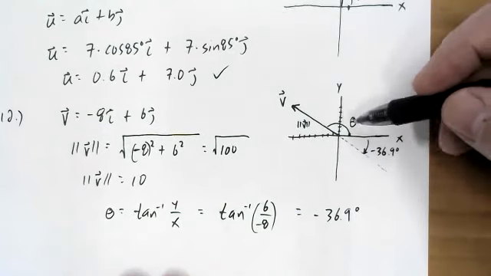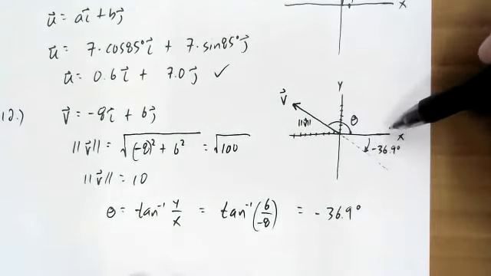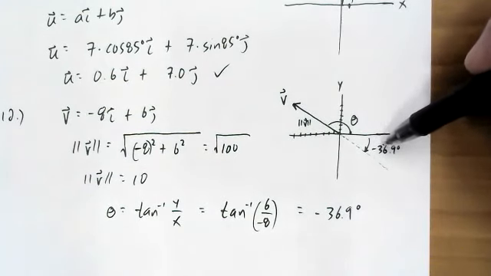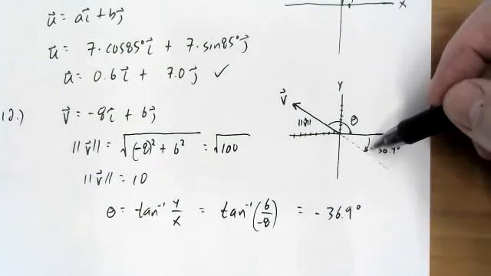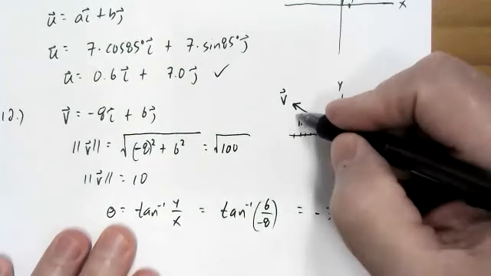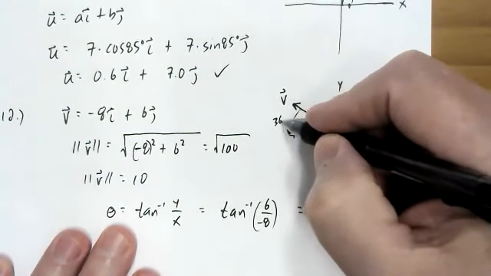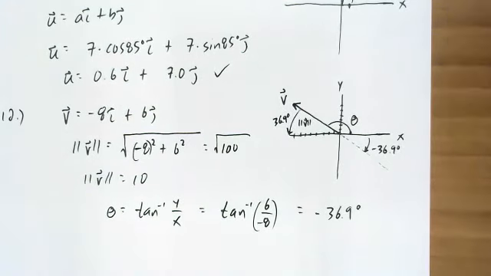This is not the angle. They want the angle to be a positive number. But the thing is, this becomes like a reference angle. And by that, I mean this angle here is actually the same as this angle here, the same magnitude.